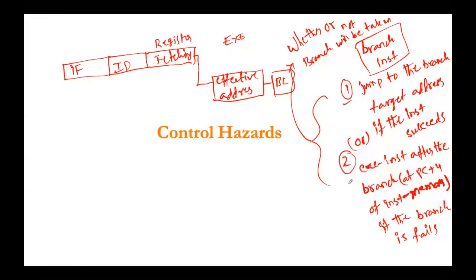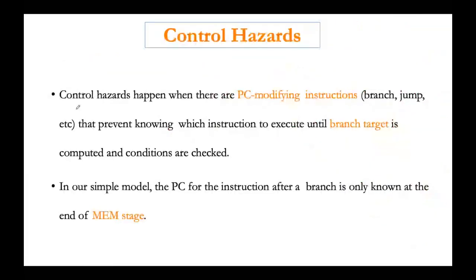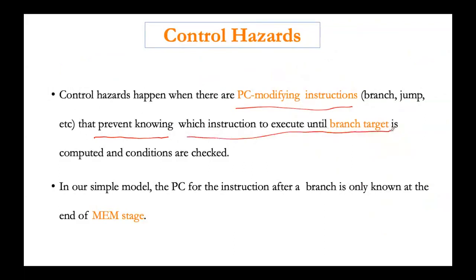So there are certain strategies employed in resolving the control dependencies due to these branch instructions. Control hazards happen when there are PC modifying instructions, like branch or jump instructions, that prevent knowing which instruction to execute until the branch target is computed and conditions are checked.